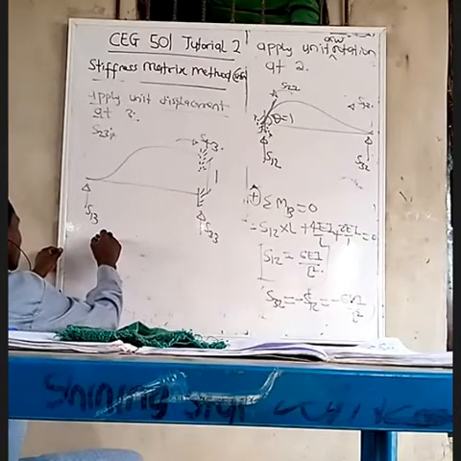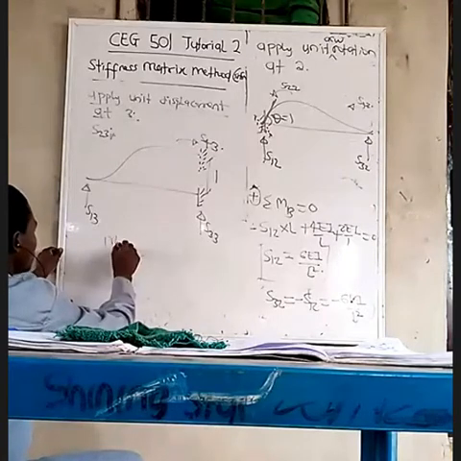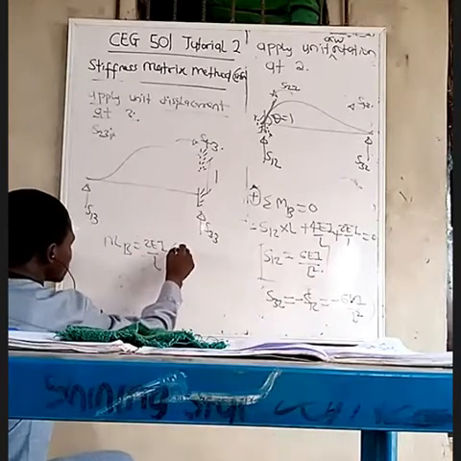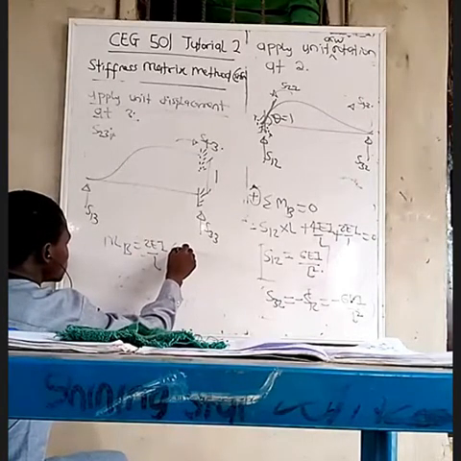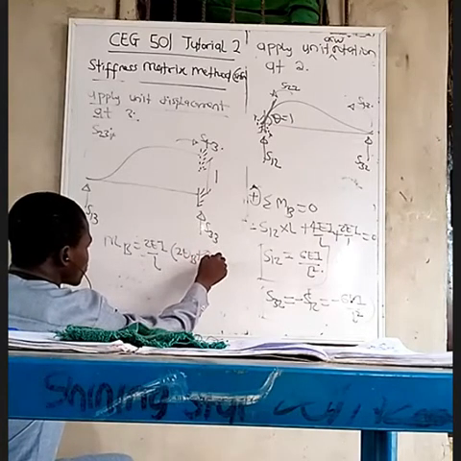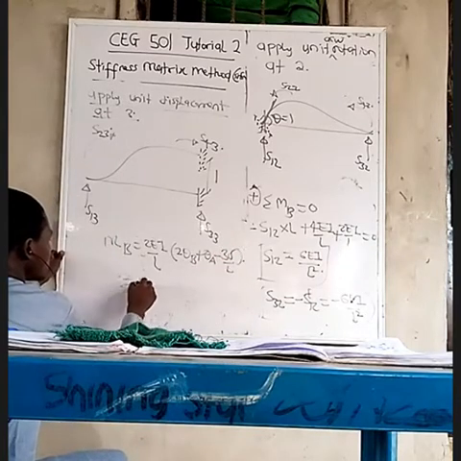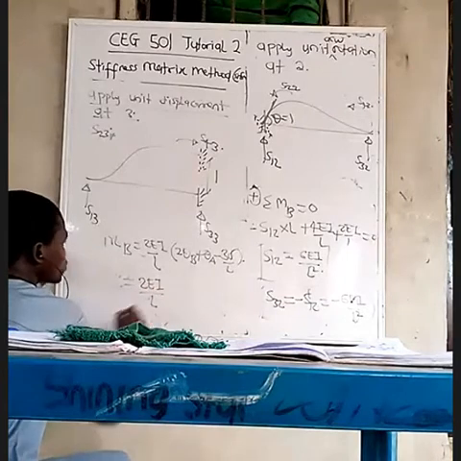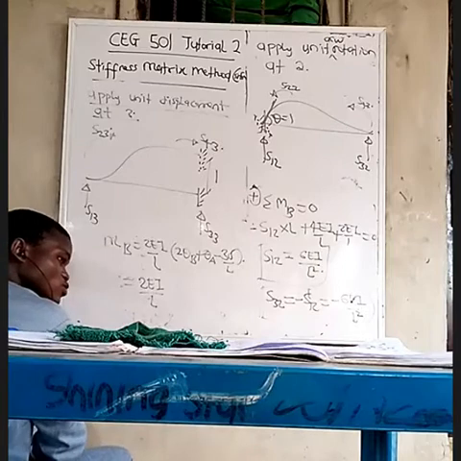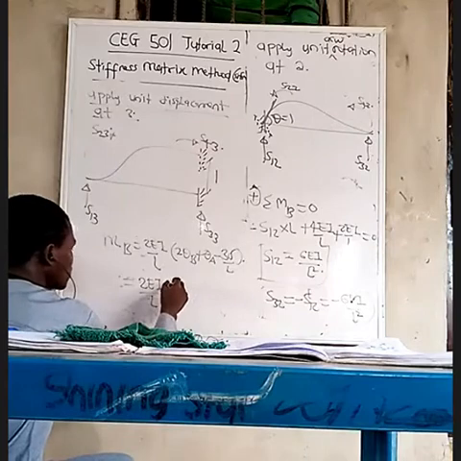If we do that, we can obtain from the slope deflection equation, MB equals 2EI over L into bracket 2 theta B plus theta A minus 3 delta over L. Now, don't forget what I told you. If the right support goes up with reference to the left support, it's going to be negative.